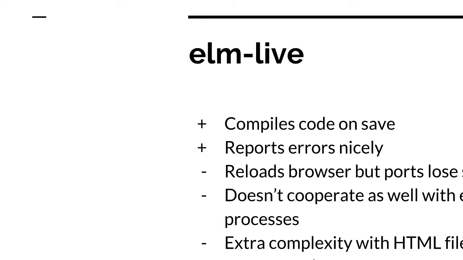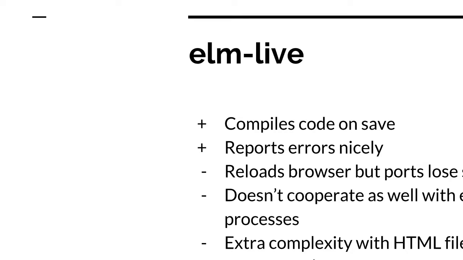And say you have a pretty big Elm project that uses Elm CSS, external processes that need to hook into that. It doesn't work well with those either. It does work, but it's not as good as other solutions. And as I said, it's the same with Elm Reactor.